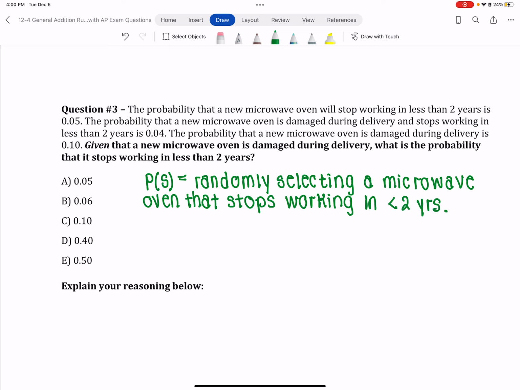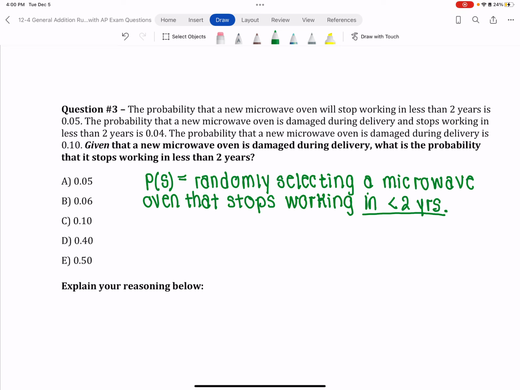Well, we don't really care about this part that says in less than 2 years. It could be in less than 1 year, it could be in less than 5 years. We don't really care about that part. It's just extra information, which is fine. We'll just include it for the sake of identifying what the probability of S is.